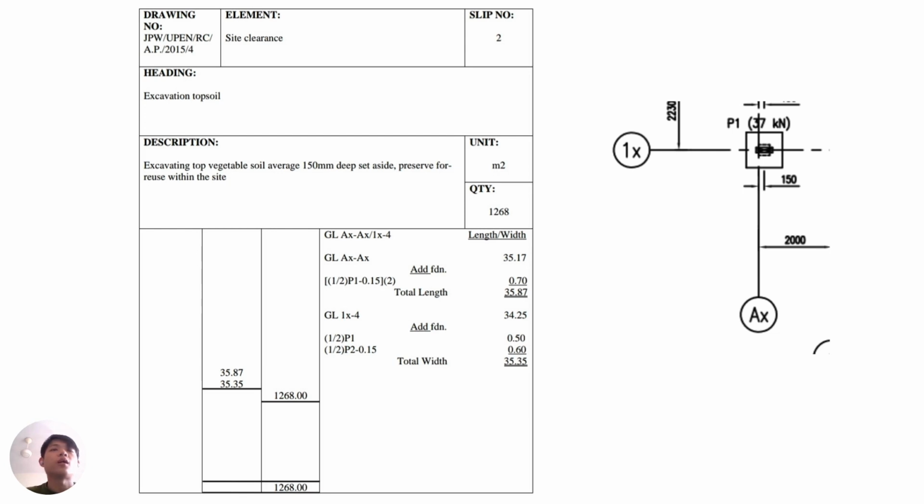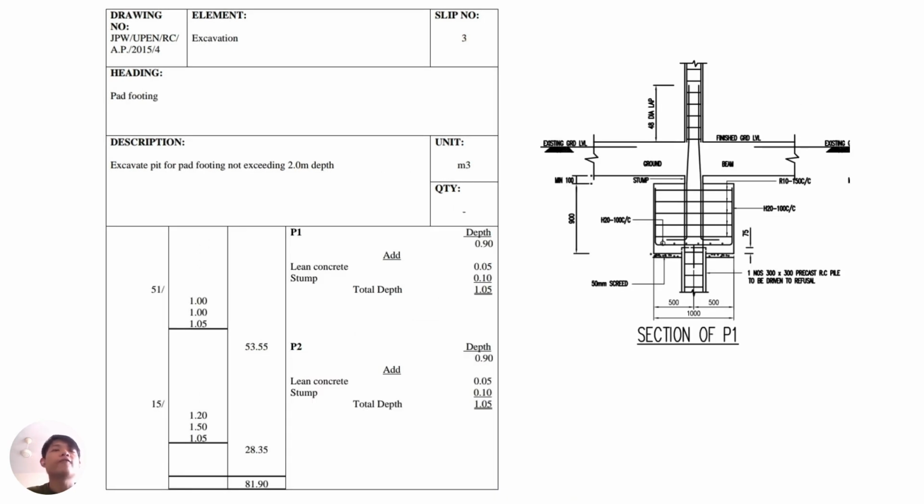For the length of the AX, the foundations need to be added is one half of the P1 minus 0.15 times 2, then we get a total length of 35.87, and for the width, a total width of 35.35 after adding the foundation, and the area of the site will be 1,268 meters square.